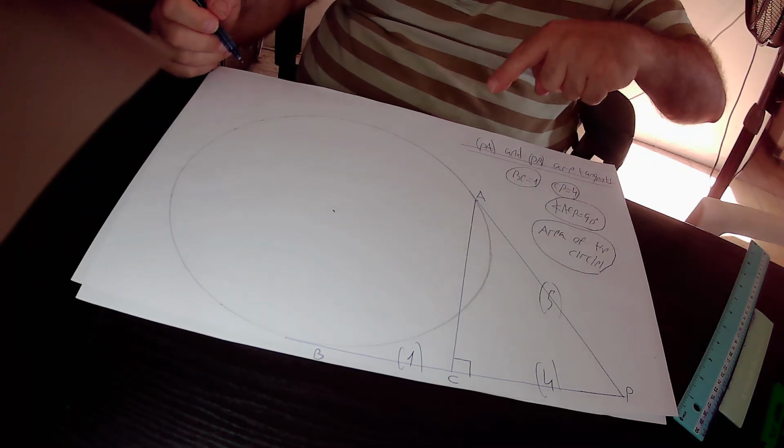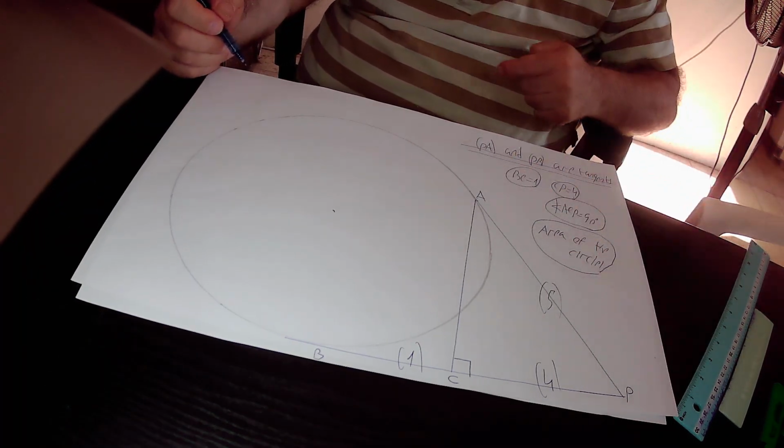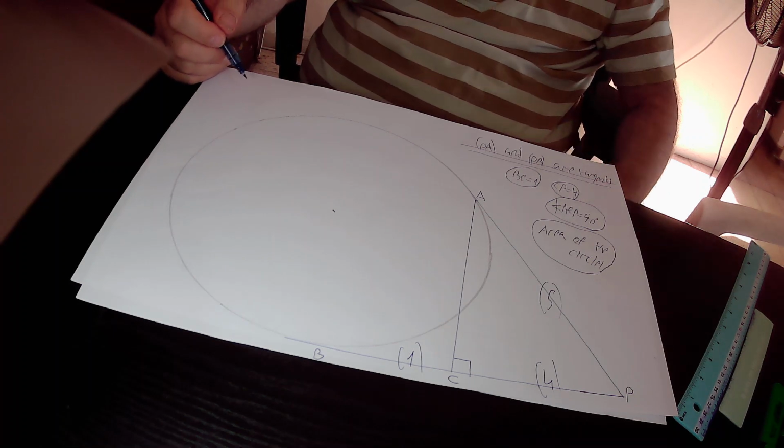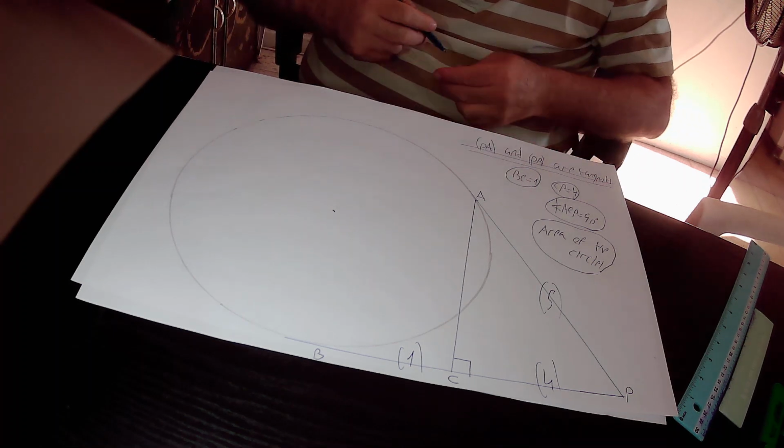In the next step, I'll copy the right triangle APC to a new point, and we will implement the Pythagoras theorem on this right triangle APC.